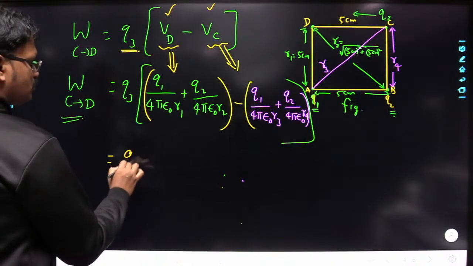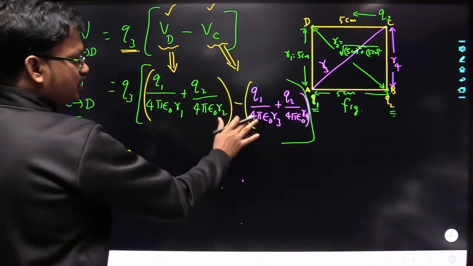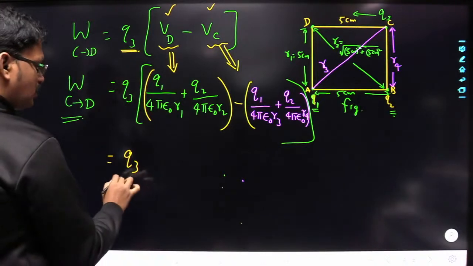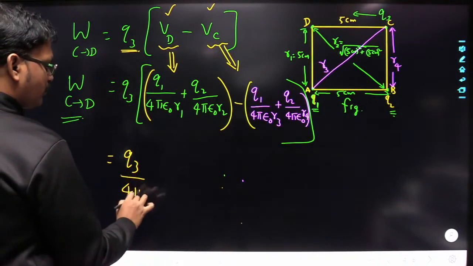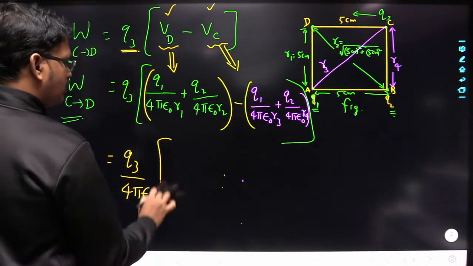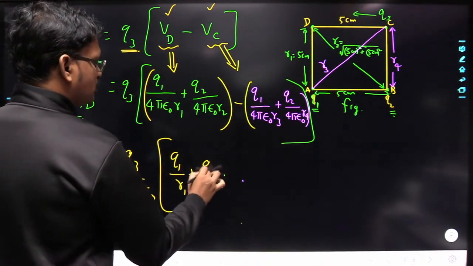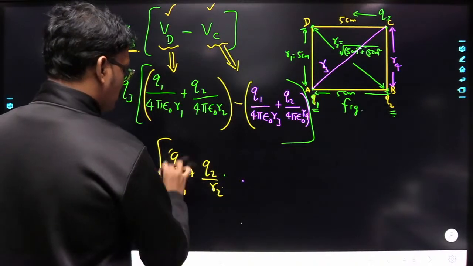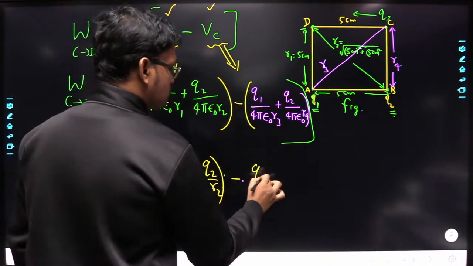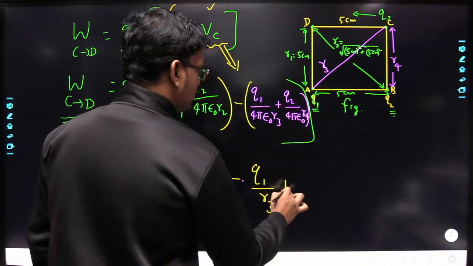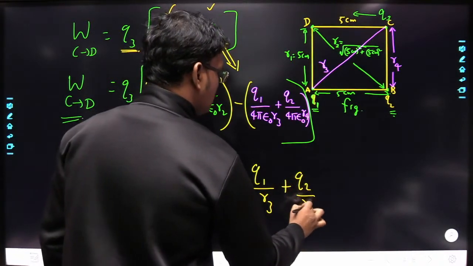So from each and every term you can take 1 by 4 pi epsilon naught common. So Q3 by 4 pi epsilon naught you can take common. Here you are going to have Q1 by R1 plus Q2 by R2 minus Q1 by R3 plus Q2 by R4.